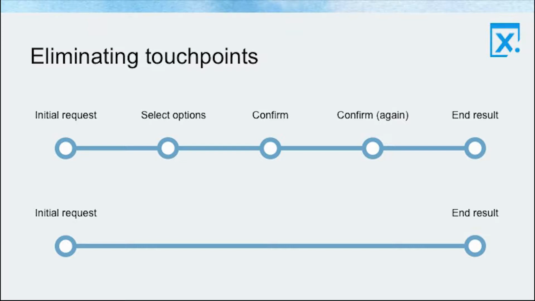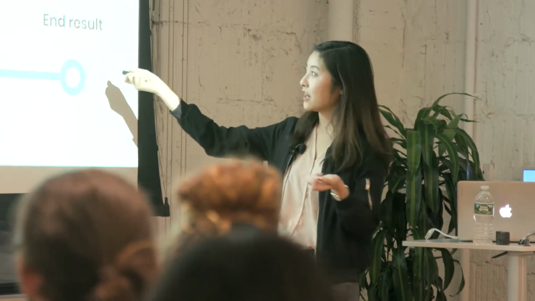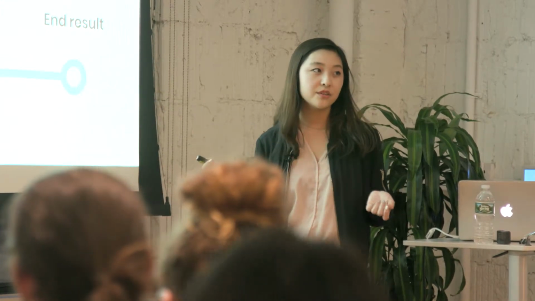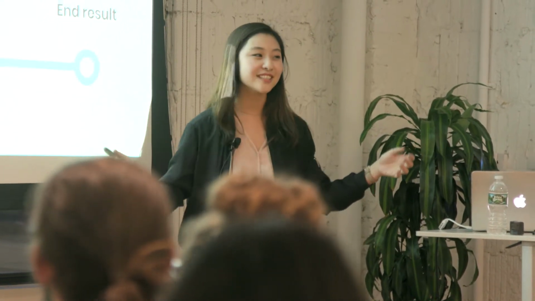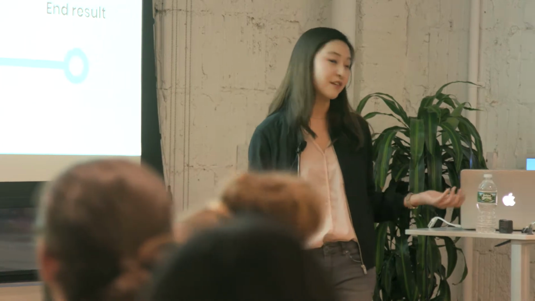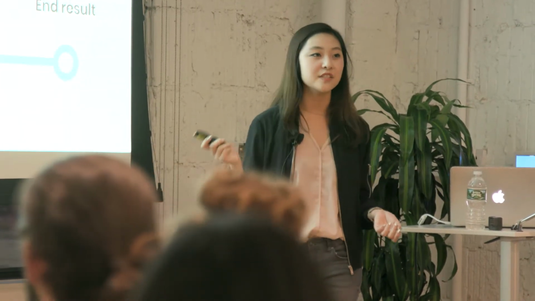Whereas in the second, the auto crop button, all you did was press one button, you got your result. So we can see why this second interaction is the future and something that we're all interested in here, of how we can automate all of these boring tasks that no one wants to do, right?